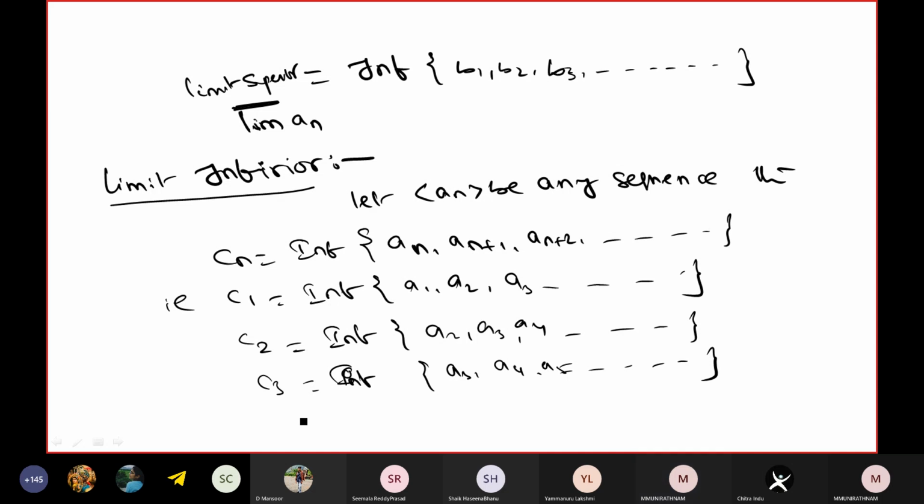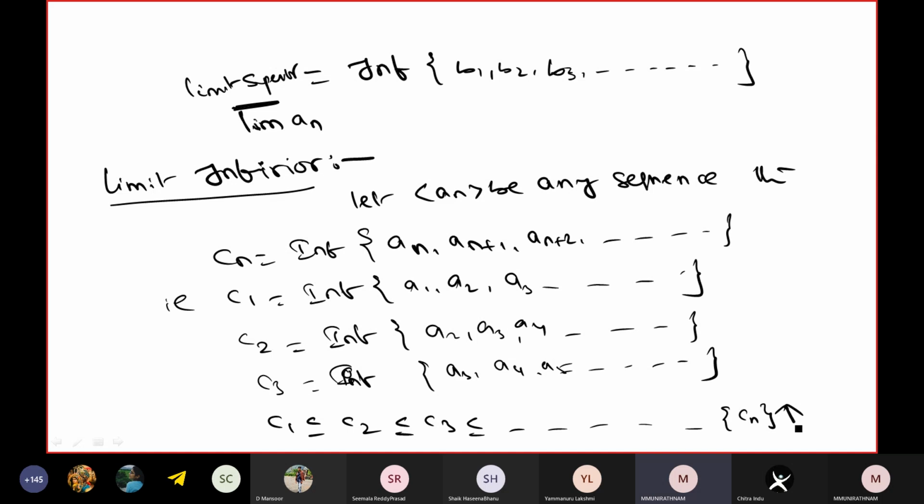And clearly C1 is less than or equal to C2, which is less than or equal to C3, and so on. So that means that C_n is monotonically increasing, right?